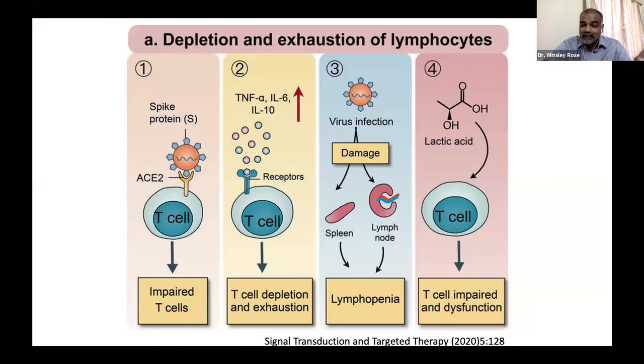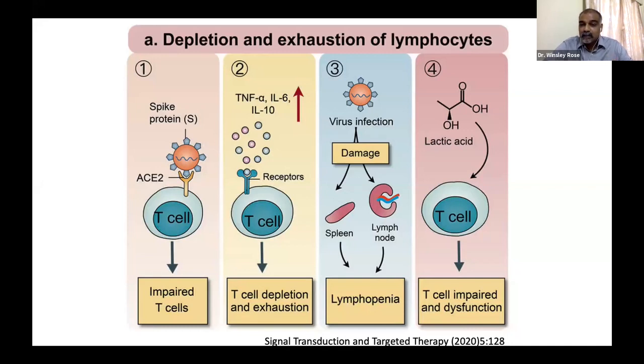And also the virus directly infects the spleen and the lymph nodes. In pathological studies, they found that there is actually necrosis of the lymph nodes with COVID, and this again can cause lymphopenia. And finally, there is some amount of lactic acidosis which is produced, which causes T cell impairment as well as dysfunction.